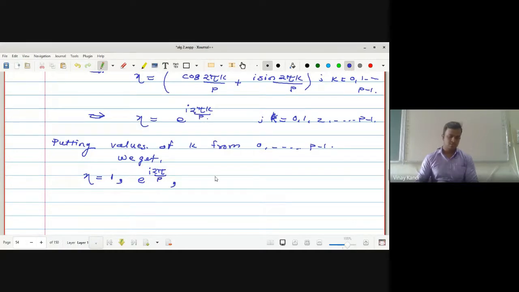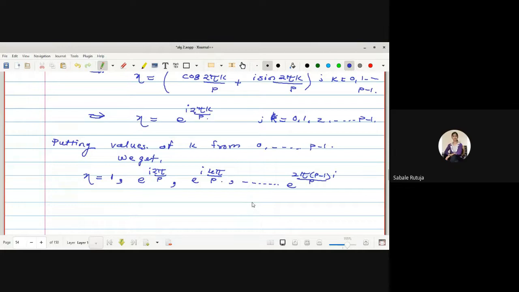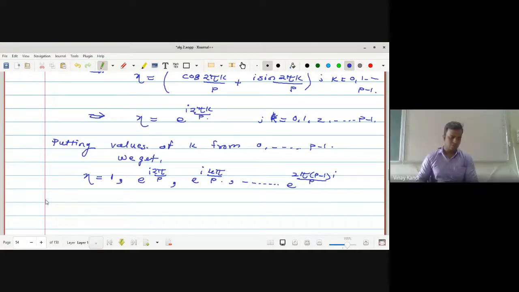Put k is equal to 2: e raised to i 4 pi divided by p. Up to so on, e raised to i 2 pi (p minus 1) divided by p. Is it correct? Yes, sir.